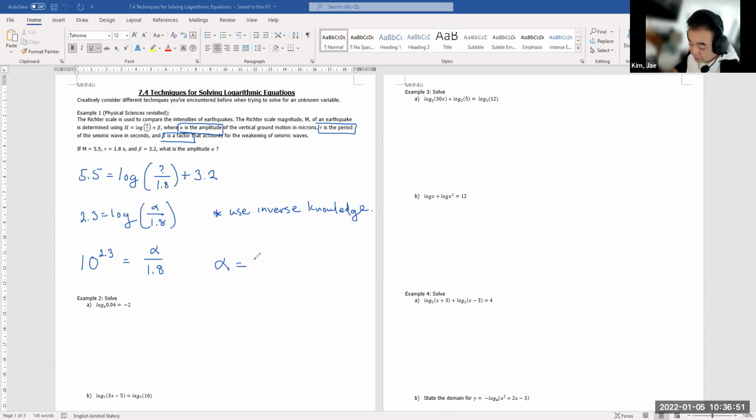The amplitude should be 359.1, approximately 359.15 microns. Microns is basically micrometers, which is by units, micrometers. It's got like a reverse U. If you do physics, then you will know that that symbol is called a mu.